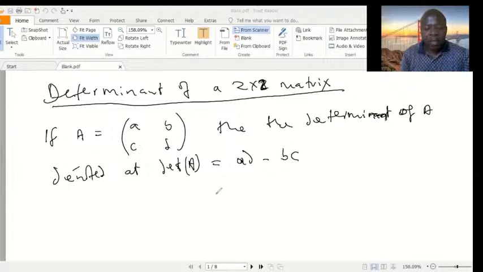So that's how we get the determinant of a 2 by 2 matrix: you take the product of this diagonal minus the product of this diagonal.